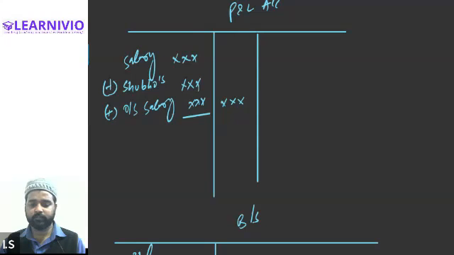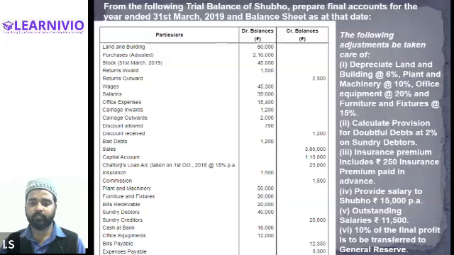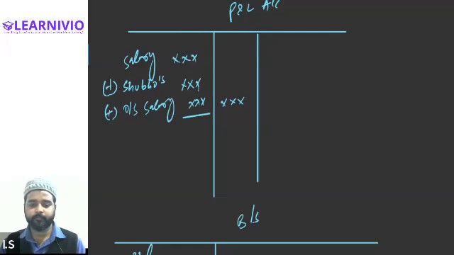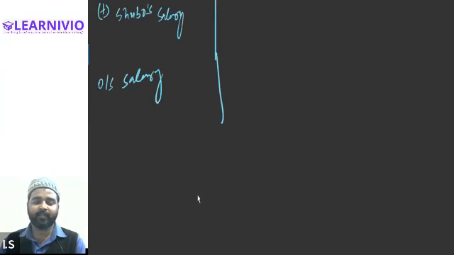Let me just explain this to you in a little detail. Just let me check what was the amount of loan. 25,000 was the amount of loan. So first of all, we will write down the entire amount of loan in the balance sheet as Chatterjee's loan.